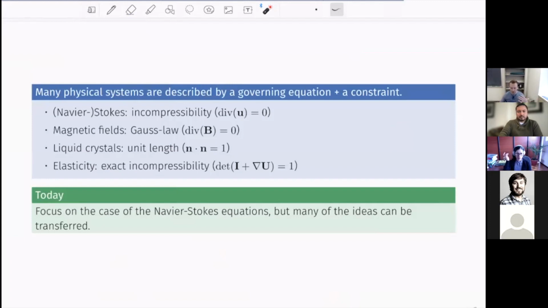This pattern of having an extra constraint in your equation is pretty frequent. What I'm doing today focuses on the case of the Navier-Stokes equations, but some of these ideas can be transferred. I give some references at the end for papers where we transfer these ideas.